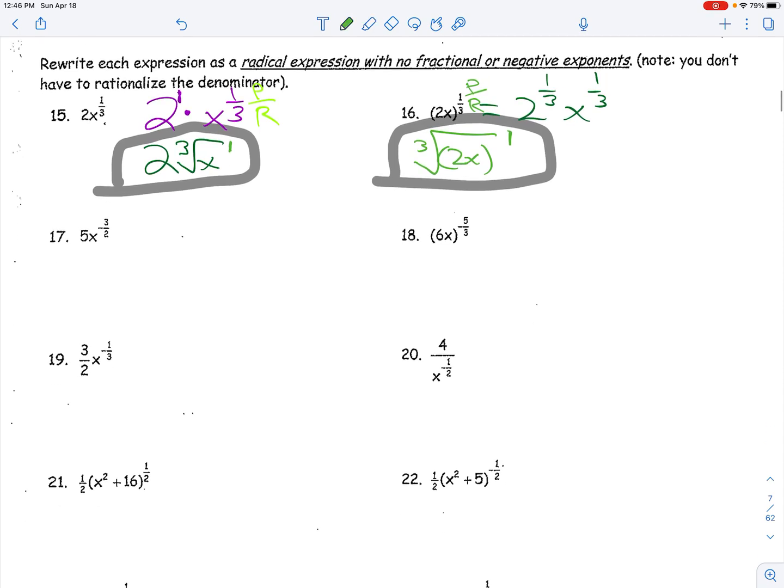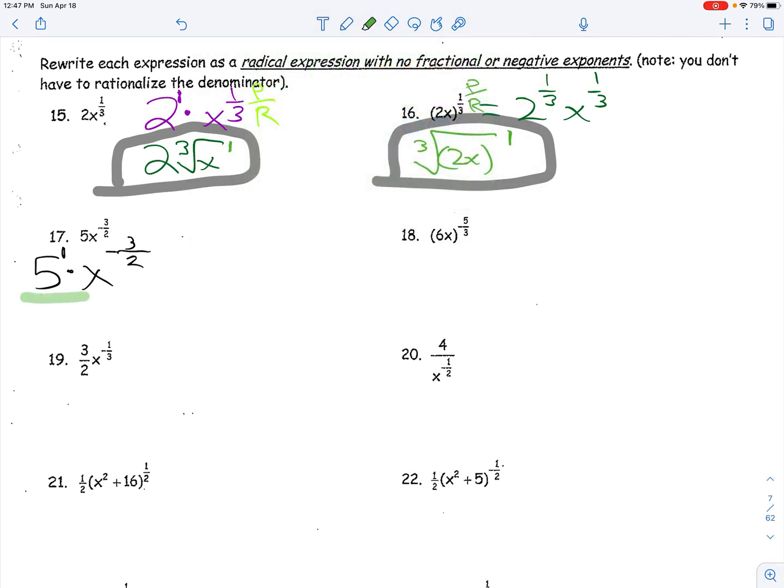17 is, this is 5 times x to the negative 3/2. Once again, that 5 is to the 1st power. So what do they want? No fractional or negative exponents. All right, so this is a double action deal.